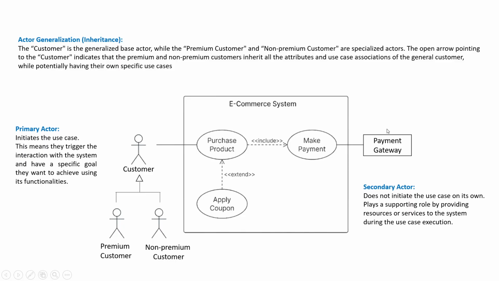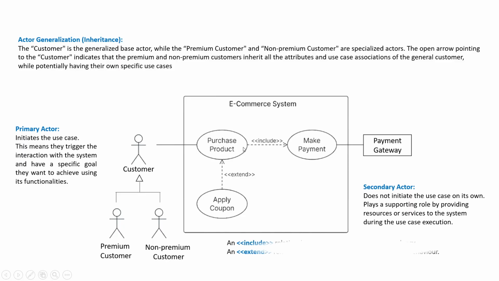A payment gateway does not initiate the use case. It doesn't initiate the make payment, right? The customer initiates the make payment through purchasing a product. And the payment gateway is a secondary actor because it plays a supportive role by assisting the customer with making a payment for the use case of purchasing the product.